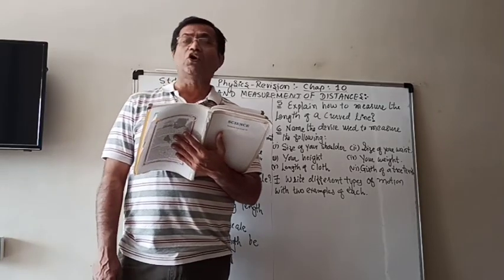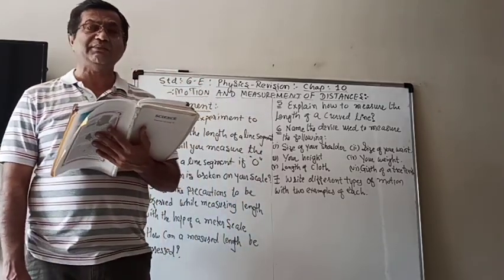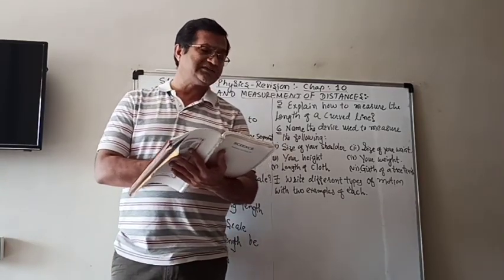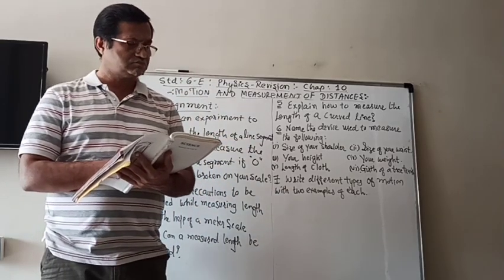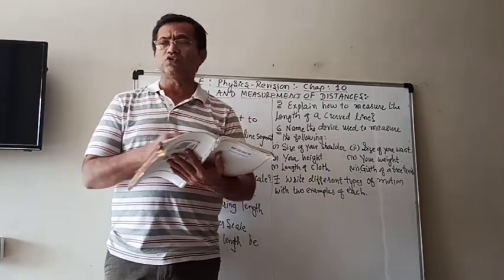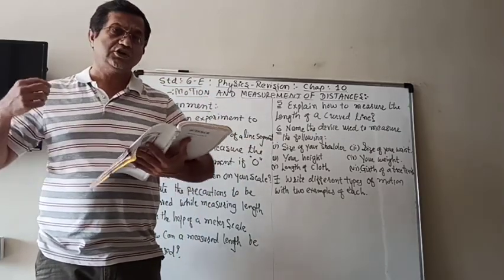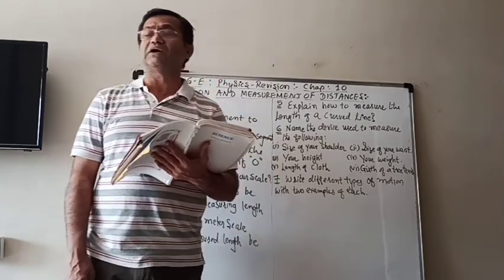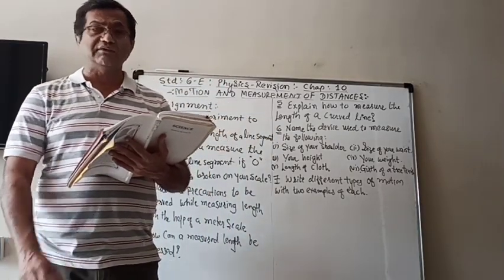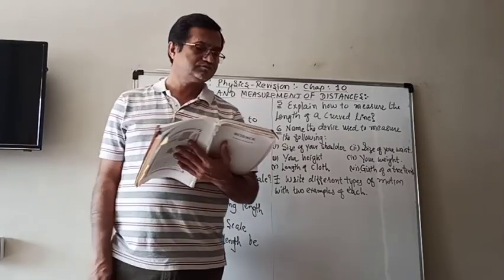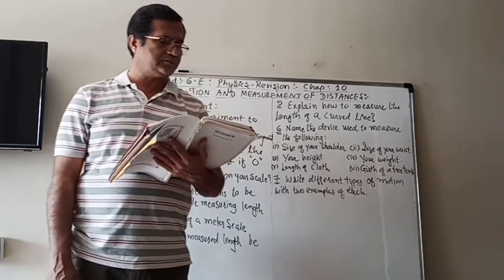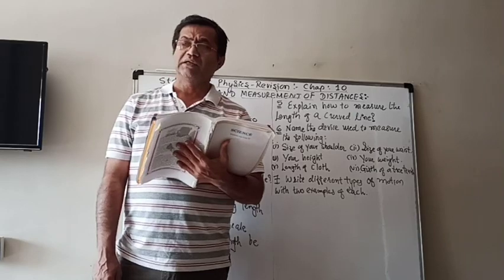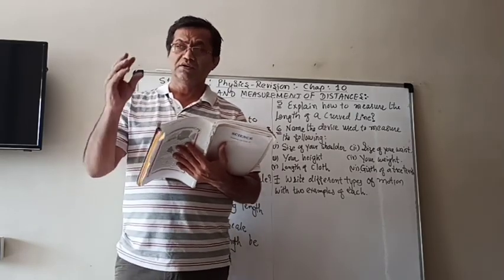But when you go to the tailor for measurement of your clothes, then he uses a measuring tape, because that helps to find out the size of your chest and your shoulder, which are not straight parts. Similarly, if you go to a clothes shop, they will use a meter rod, and so on. So according to the requirement, you use the particular device.